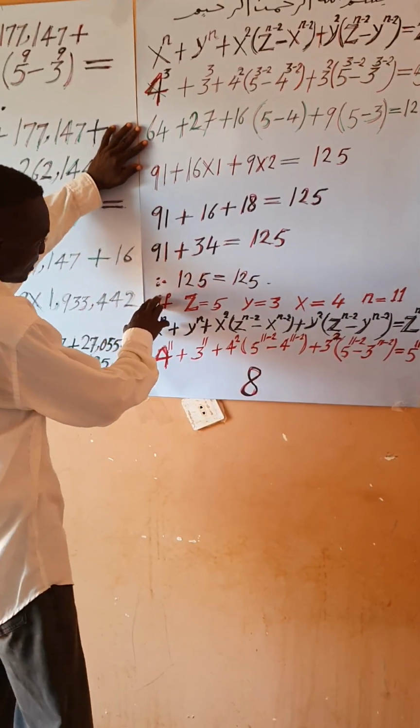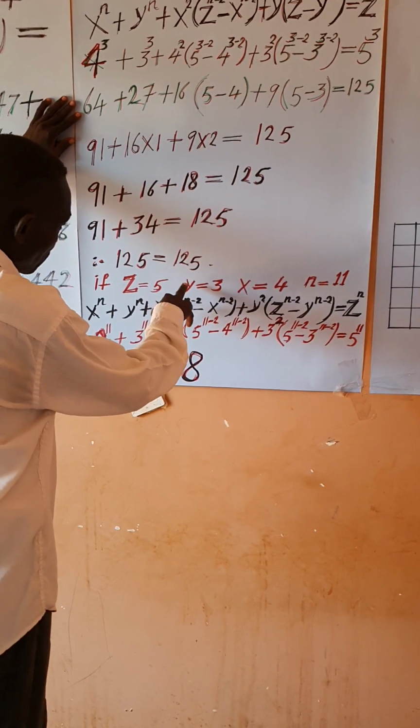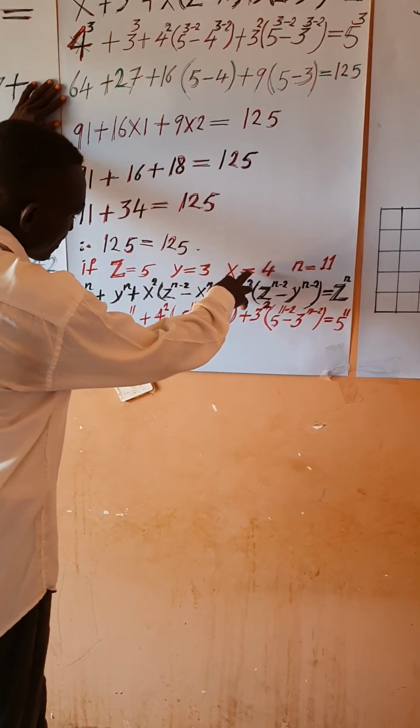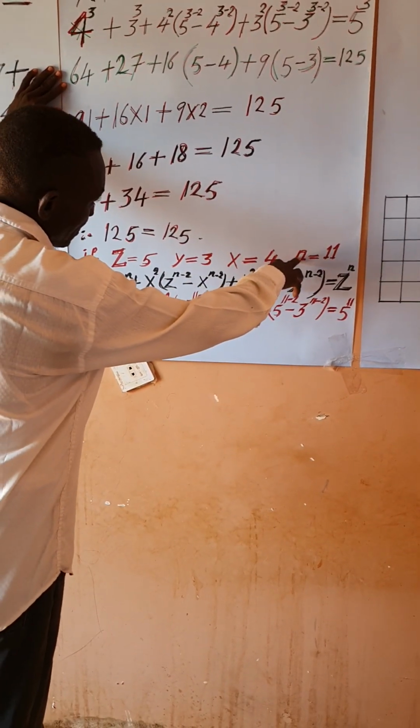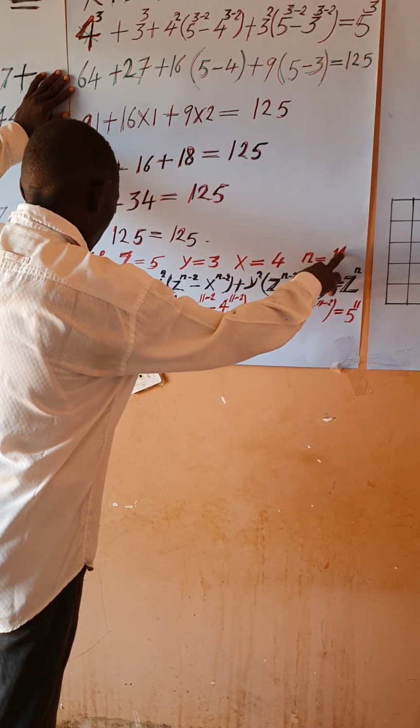If z equals 5, y equals 3, x equals 4, n equals 12.